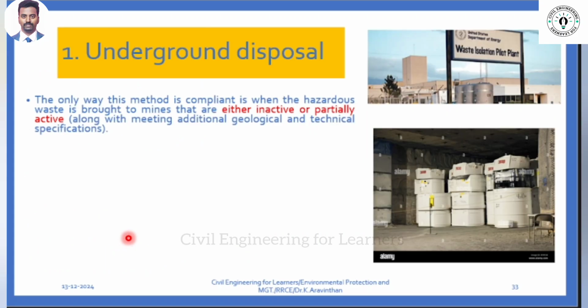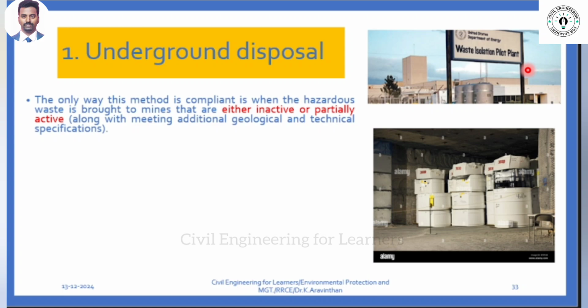There are different ways of disposal. I have given you an introduction. So far, one type of disposal is underground disposal. Throughout the world, this is how they manage hazardous waste. This place is located in the United States, the Waste Isolation Pilot Plant.